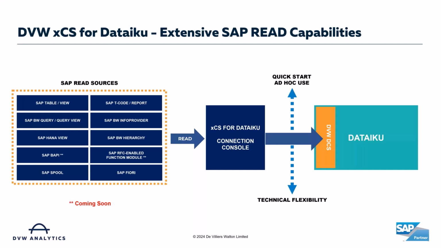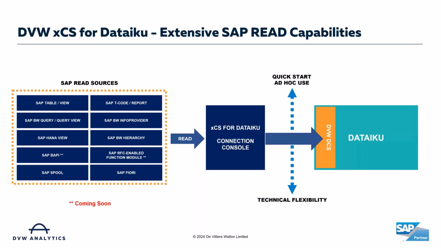In the new world, if we move into SAP S/4HANA or running BW for HANA or on HANA, then HANA views become a capability that's going to be interesting for us to work with, and we support access to various SAP S/4HANA CDS views, calculation views, analytic views, and so on and so forth.